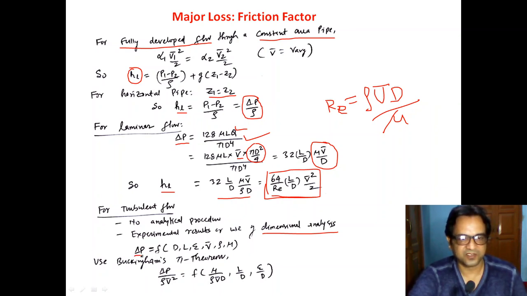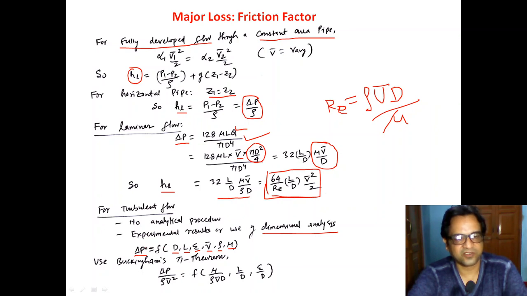In the fully developed region for a turbulent flow, the pressure drop depends on the diameter of the pipe, the length of the pipe, the surface roughness of the pipe surface, the average velocity, density and viscosity.